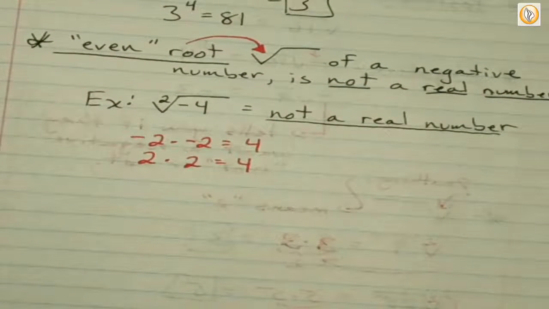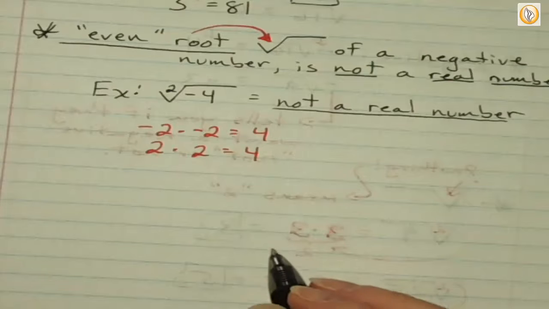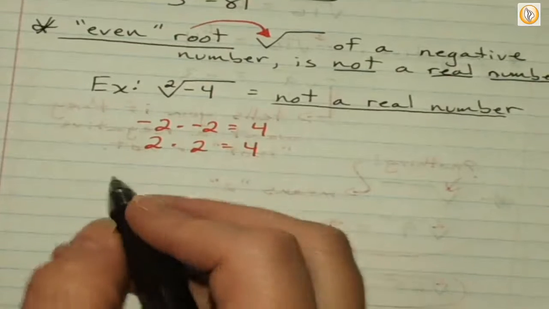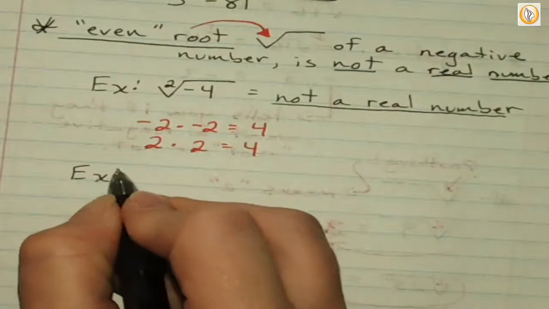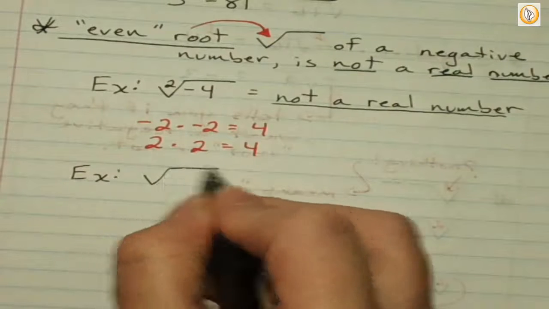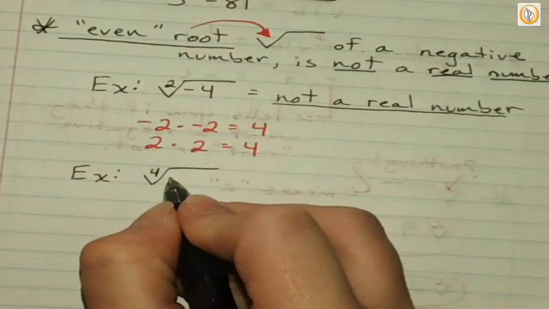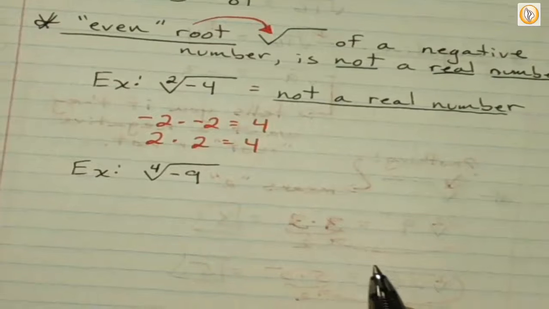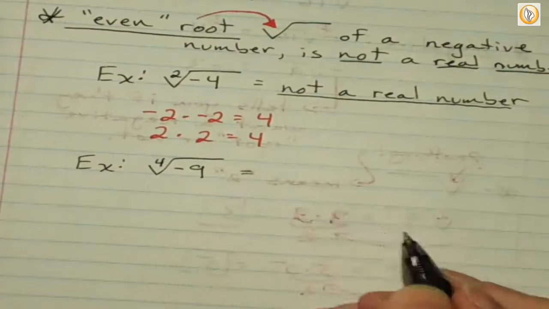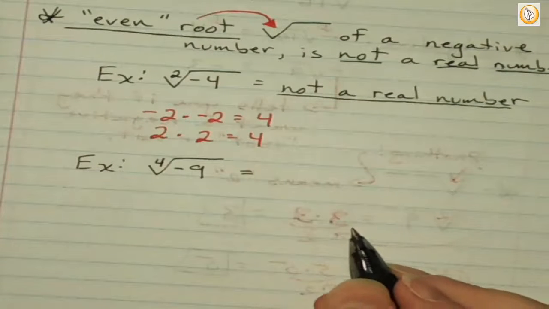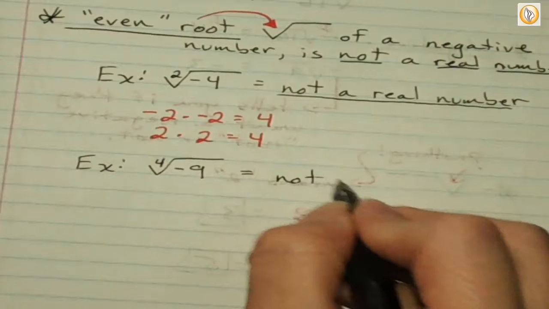What if I have the 4th root of negative 9? Not a real number. That's right. It's not real.